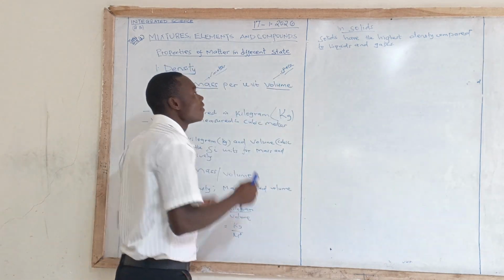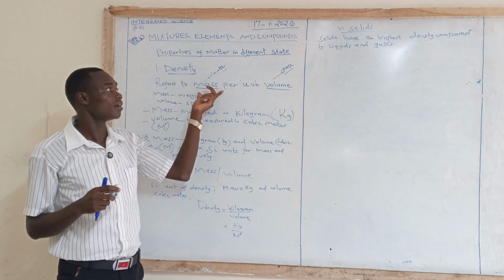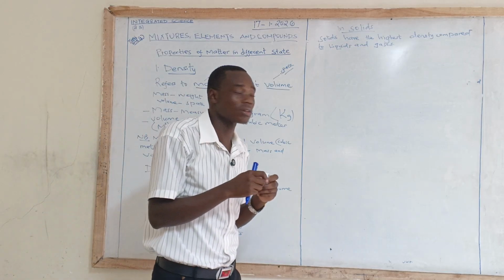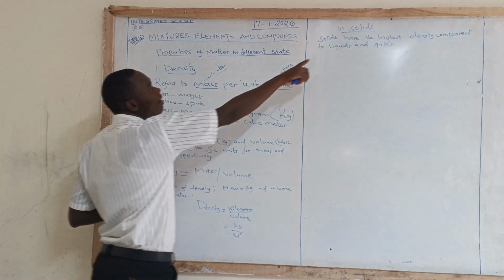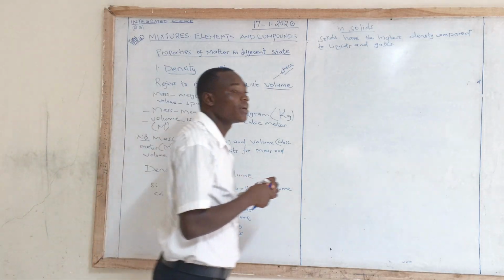So you realize that the solid particles have the highest mass. Look at the particles. They are closely held together by a stronger force. So therefore they have a higher density, or the highest density, compared to liquids and gases.